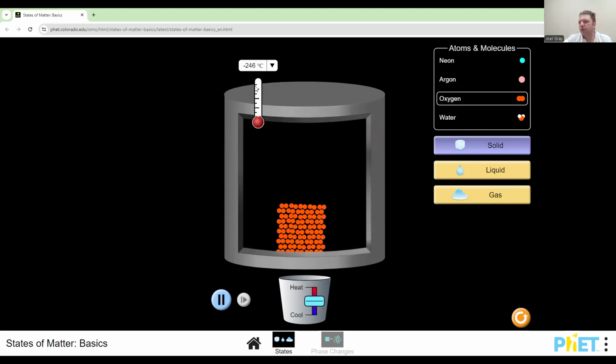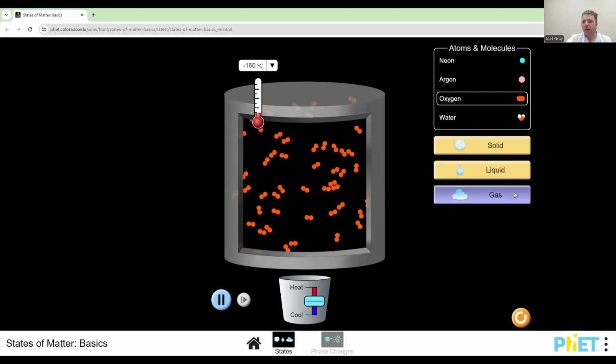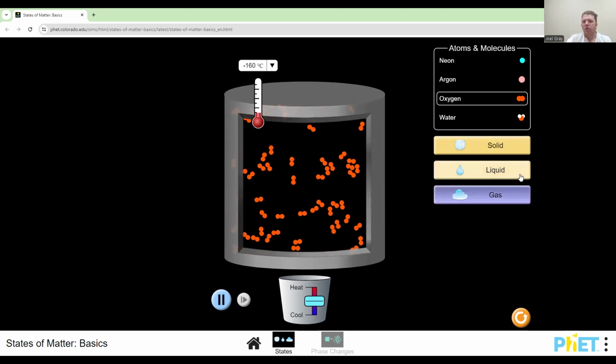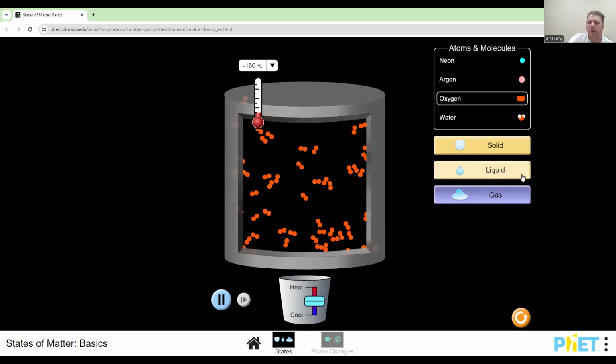So at an extremely low temperature, oxygen can exist as a solid. Well, can oxygen exist as a liquid? Yes, it can. It's going to exist as a liquid at approximately negative 216 degrees Celsius. Can oxygen exist as a gas? It better, at negative 160 degrees Celsius.